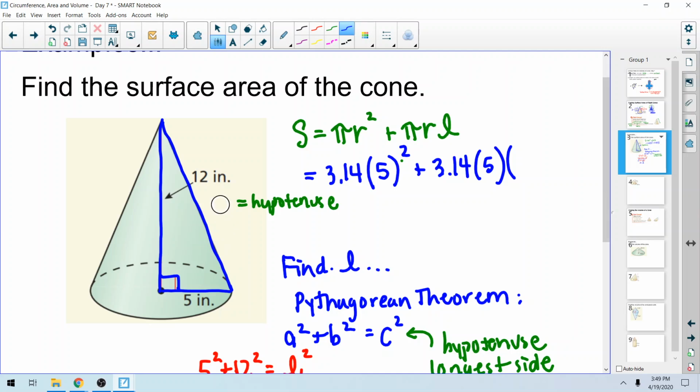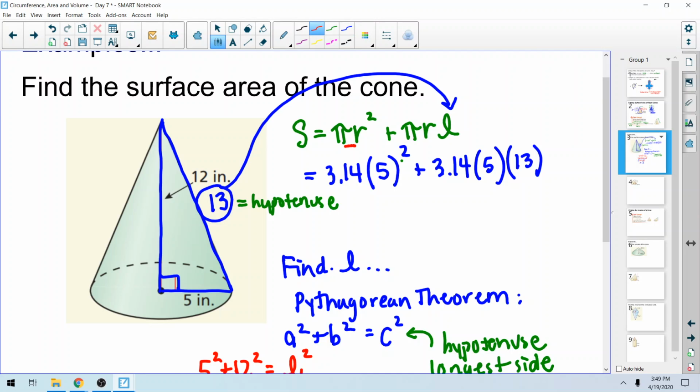I'm going to get rid of the L and put the 13, and the 13 is my slant height. So if I go back to my formula of pi r squared plus pi r L, you're going to want to substitute your 13 in for L.